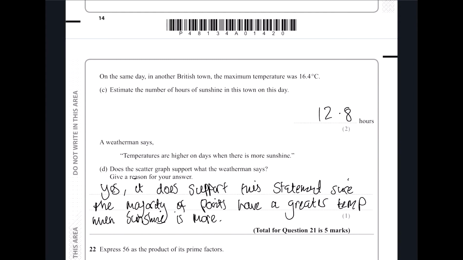And this basically just goes to the idea of positive correlation. So this is what positive correlation means, which is what we figured out. Cool.